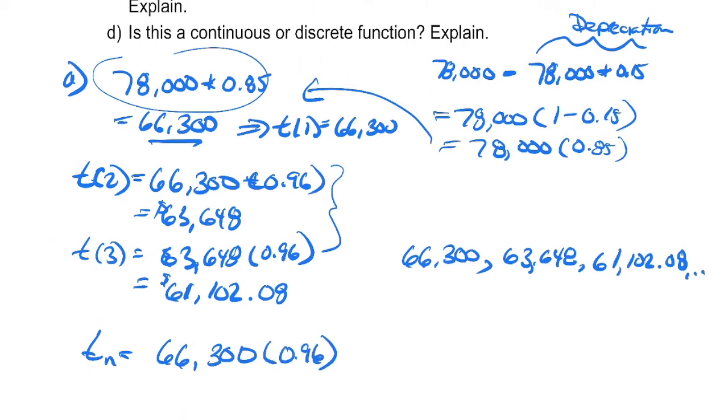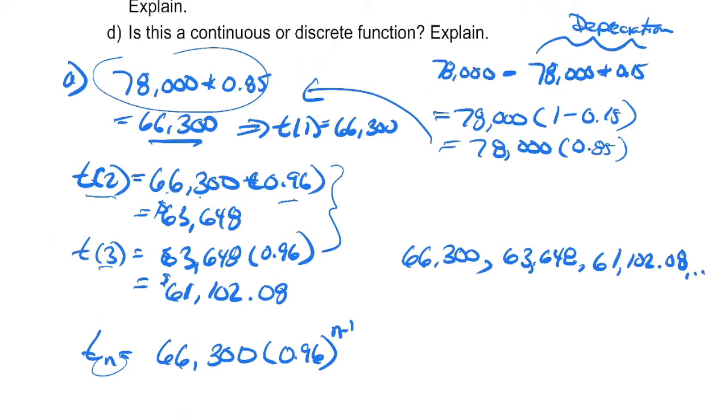But what's the relationship between n and how many times we multiply by 0.96? After the second year, we multiplied by 0.96 once. After the third year, we've had to multiply 66,300 by 0.96 twice, because really 63,648 was 66,300 times 0.96, and then times 0.96 again. So in general, we're going to take 0.96 to the power of n minus 1.